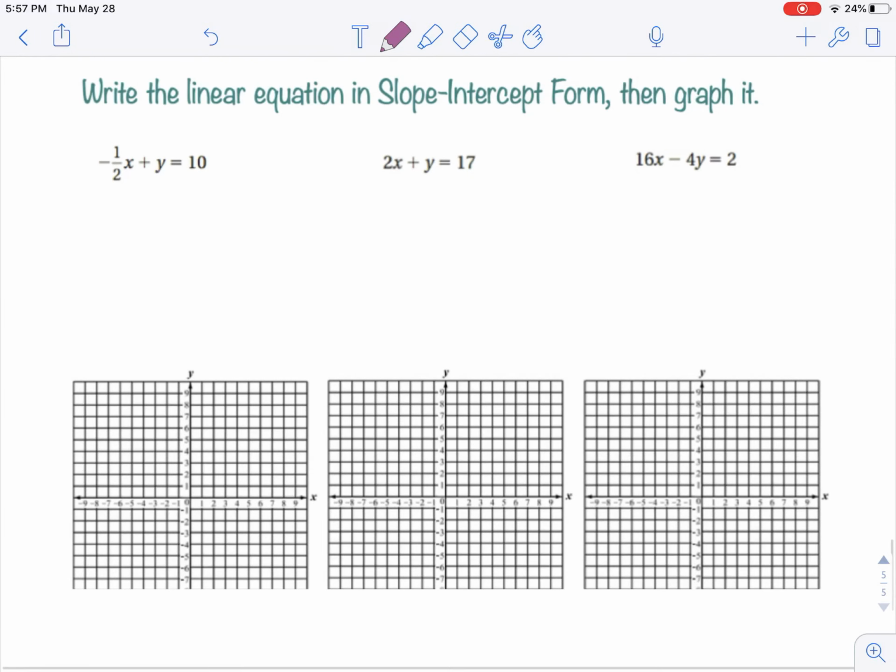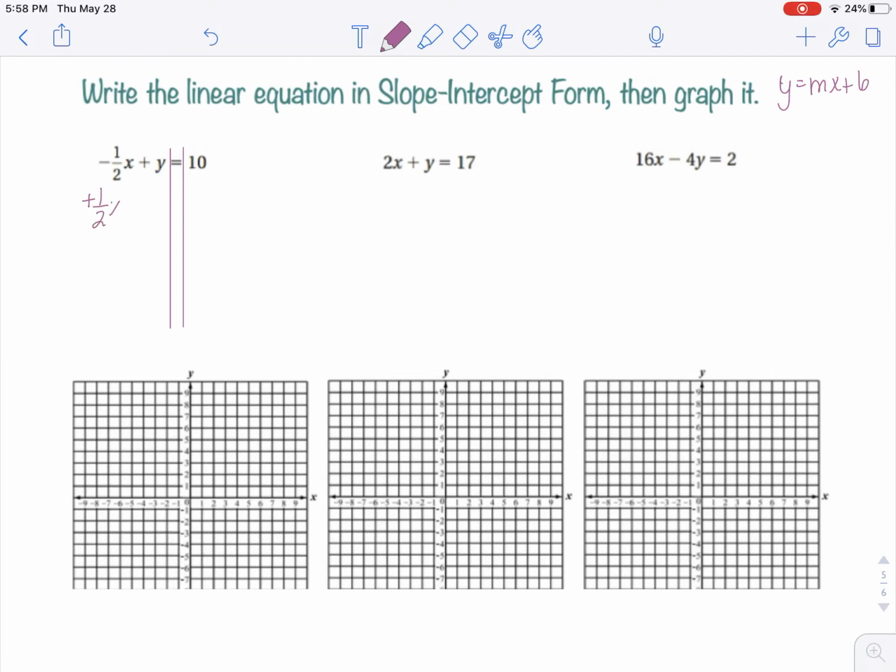Let's look. So what you can do is this. Okay, we are going to rewrite this in slope-intercept form, meaning getting our y by itself. We want to get it to be y equals mx plus b. So the first thing I want to do is get rid of this term.